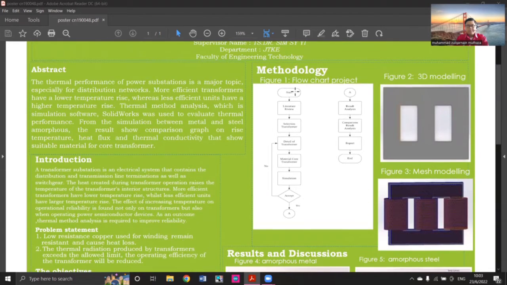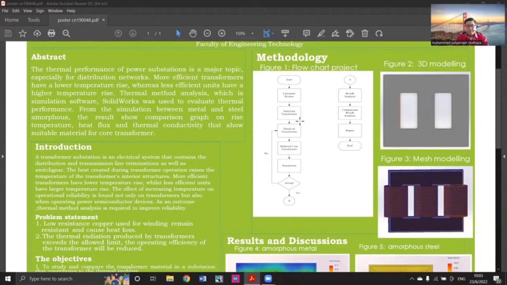Okay, for the methodology, figure 1 shows the flowchart of my project progress. For the literature review for objective 1, I studied the materials based on previous research. For the selection of the transformer, I went to Malaysia Marine and Heavy Engineering at Pasir Gudang to see what type of transformer they use. The details of the transformer are the parameters used for this simulation.